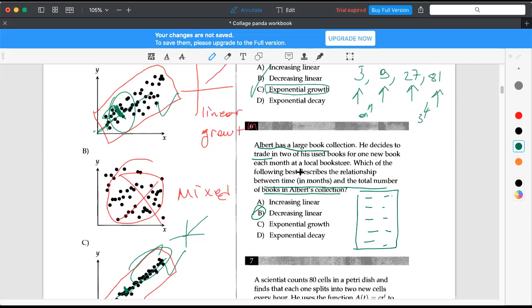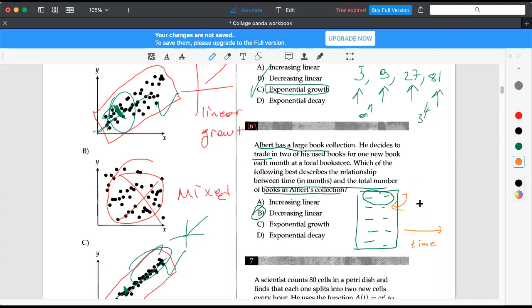Boys, I don't want to send anyone out. Quiet, please. Now, 2 of his used books for 1 new book. So he will give 2, he will take 1. That means when time is passing, 2 books he is giving, 1 book he is taking.